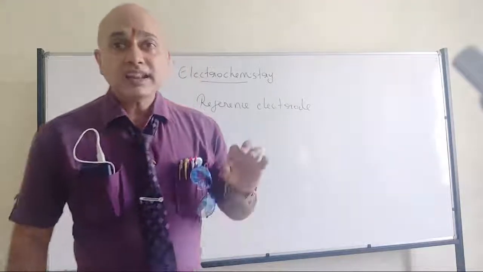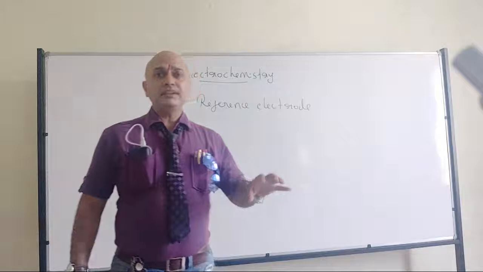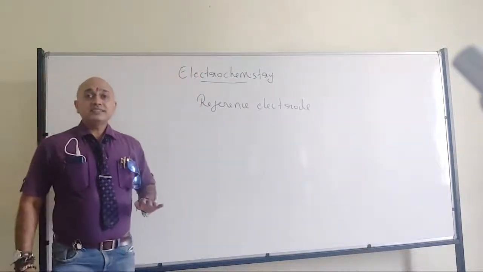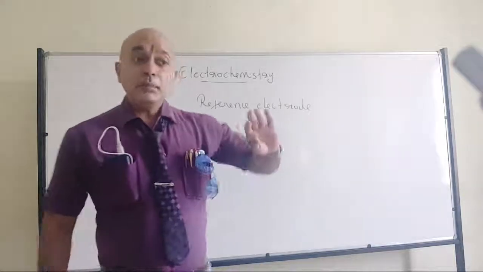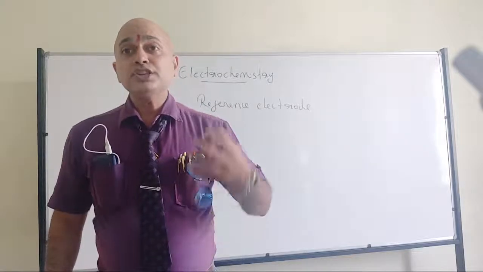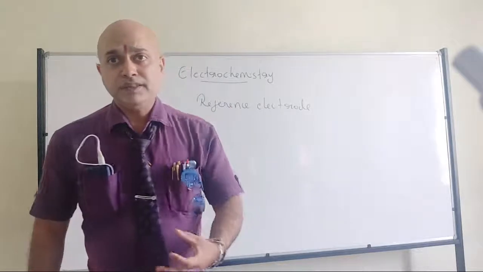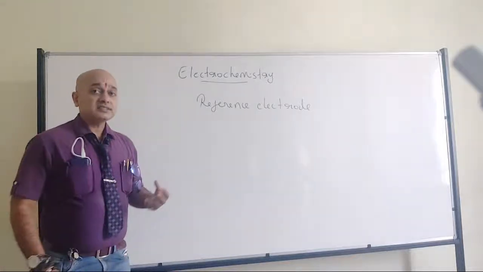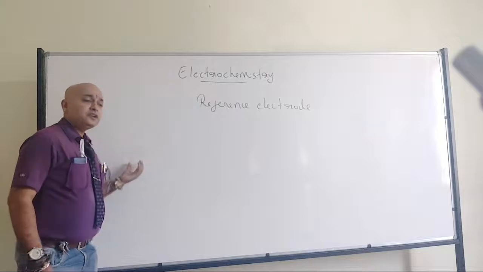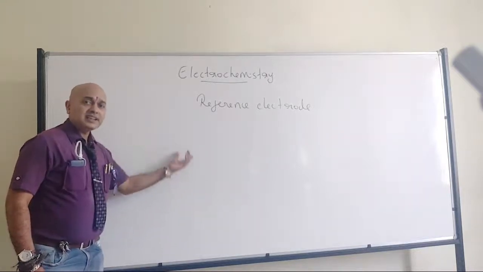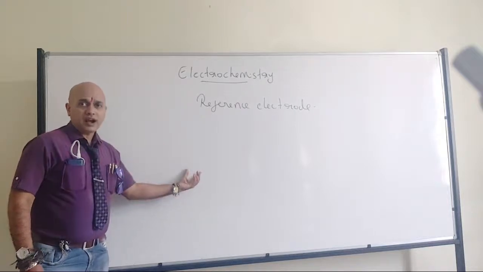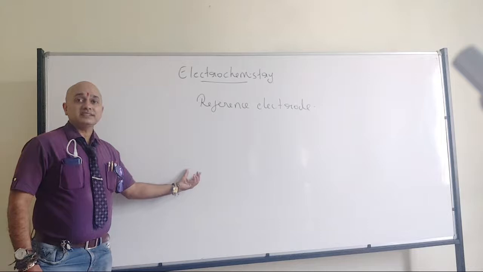Always remember that a reference electrode is always considered a standard electrode. By referring to that electrode, we can tell the reducing potential of another half cell. Got my point? In the last class, when talking about the galvanic cell, we discussed that there are two half cells, anode half cell and cathode half cell, which together make one cell.